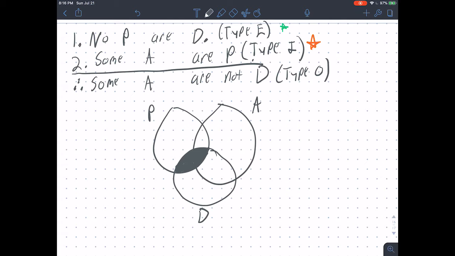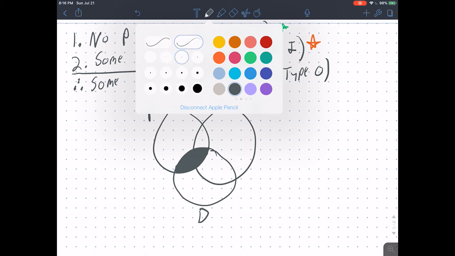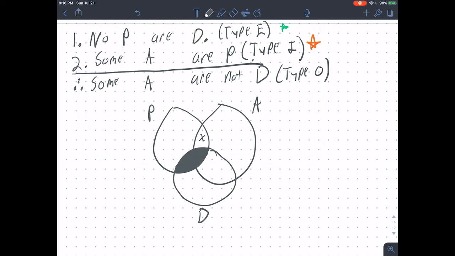Okay, I should have switched over to a more art-centric app for this chapter. Anyway, then our second premise, some A are P, right? We have to mark. So we look at the A circle, and we want to mark the part where the A overlaps with the P. Oh, oops. Right?